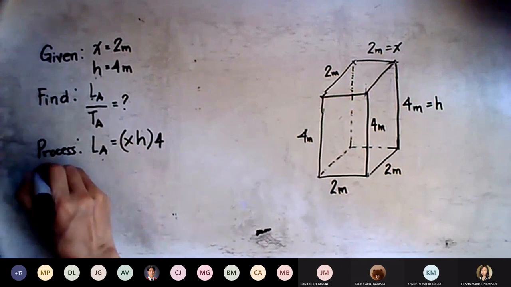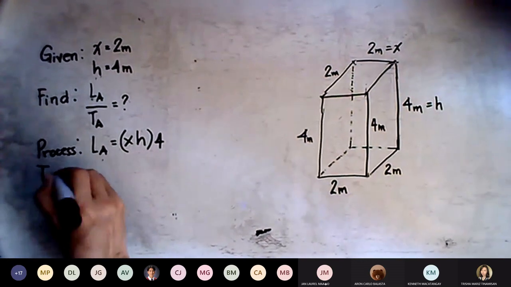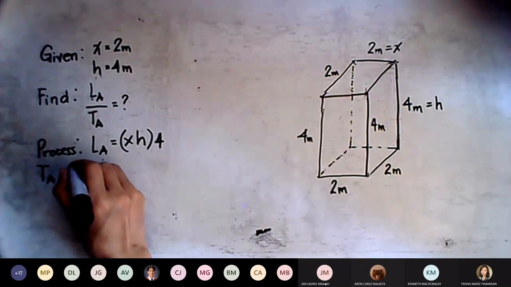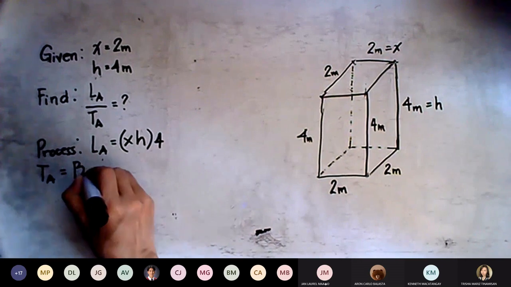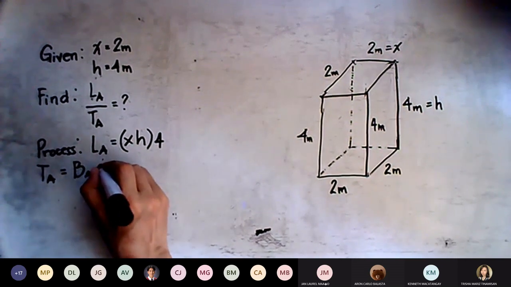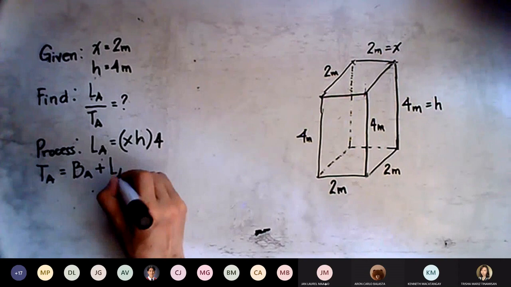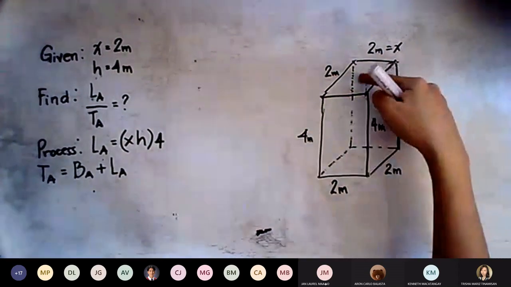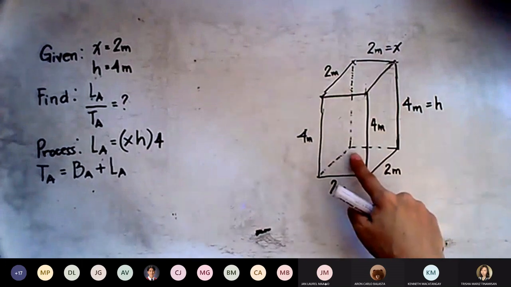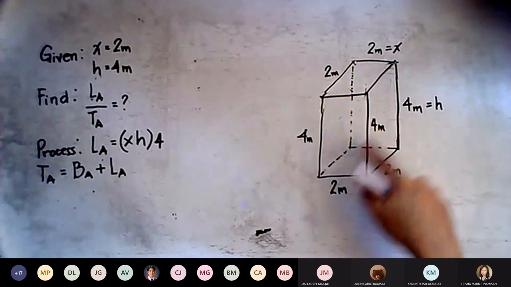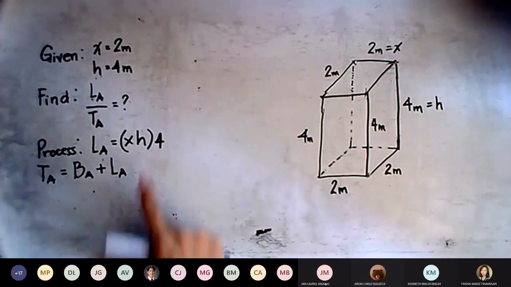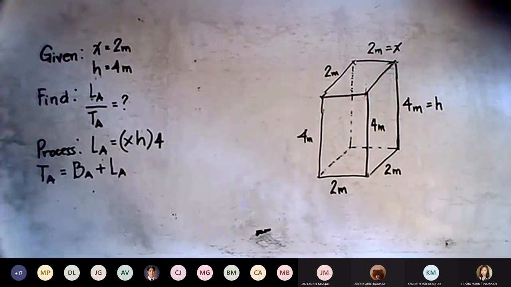Then we have the total area to determine. According to the properties, the total area is the area of the bases plus the lateral area. We have 2 bases, one at the top and one at the bottom, and 4 lateral faces, for which we have the formula.